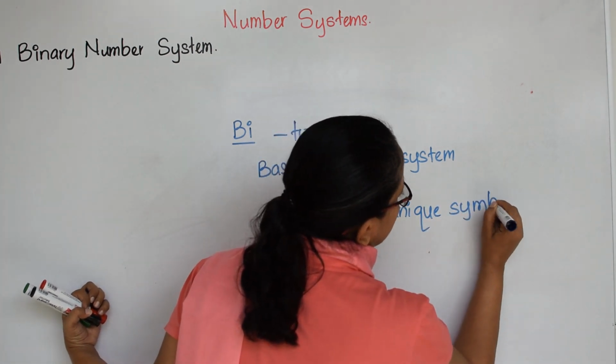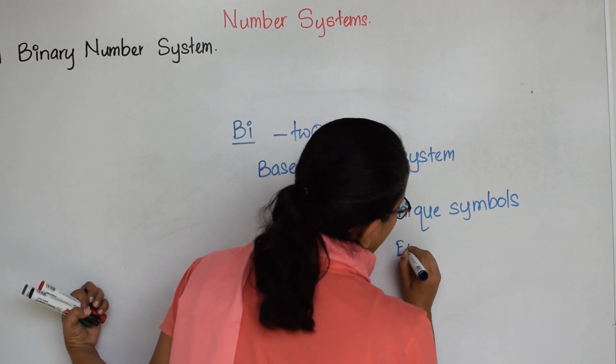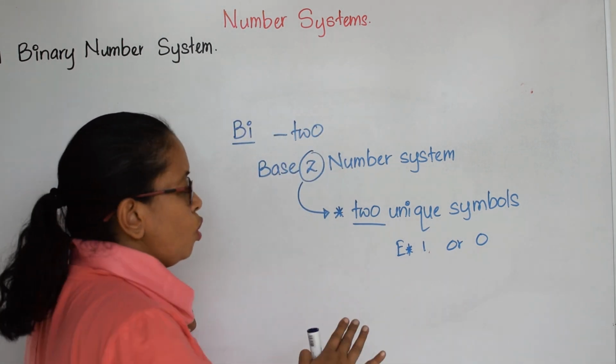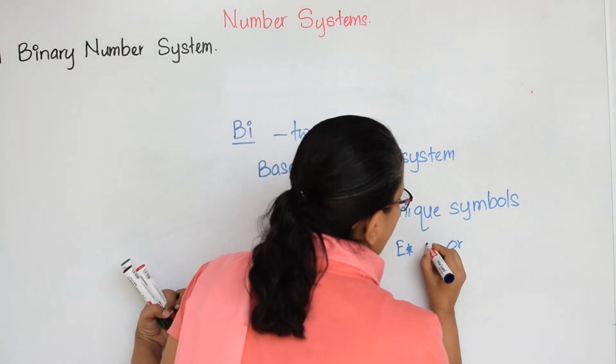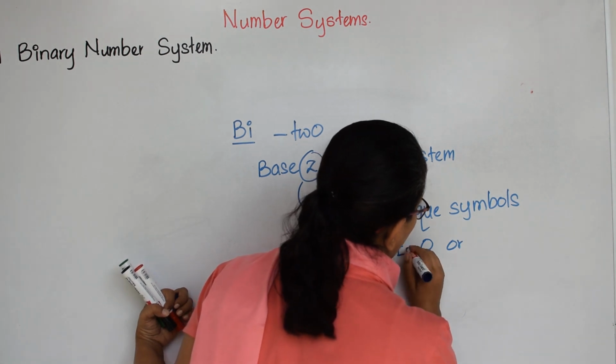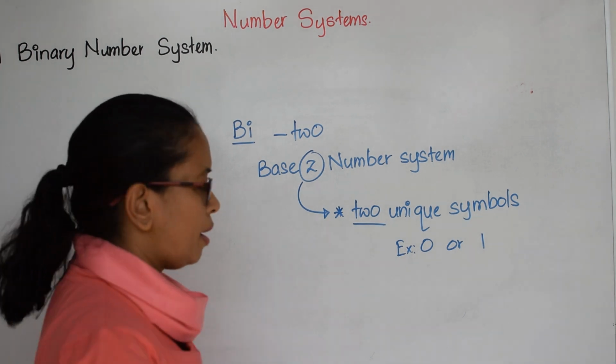What are those 2 unique symbols or digits? Because we just have 2, they are going to be either 0 or 1.